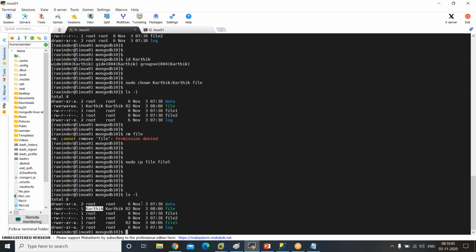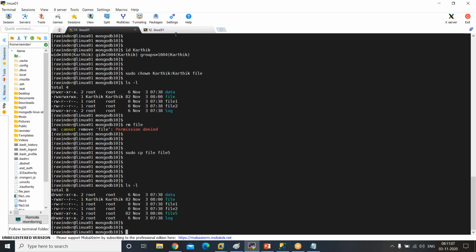When you're trying to delete a file or create a file, the permissions hit at the directory level, not at the file level. These are all higher-level privileges. Creating a file, deleting a file is a little higher level, but file-level activities, we are talking about the file-level activities only.